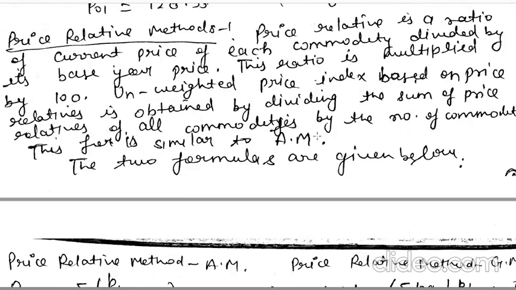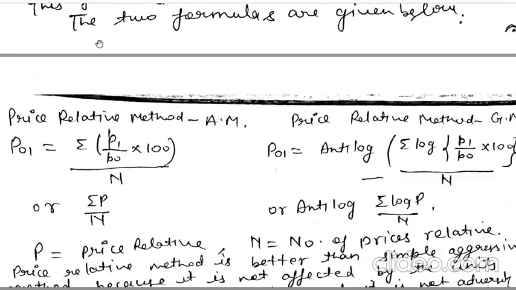all commodities, right? So you can see here that for the price relative method, arithmetic mean P01 is equal to summation P1 upon P0 into 100 upon n, or summation P upon n, right?